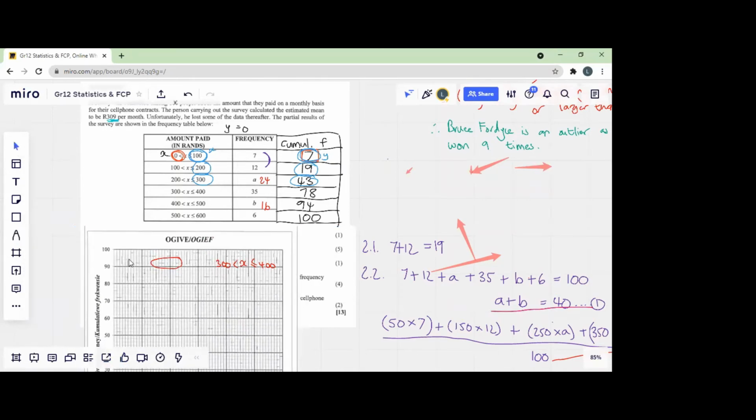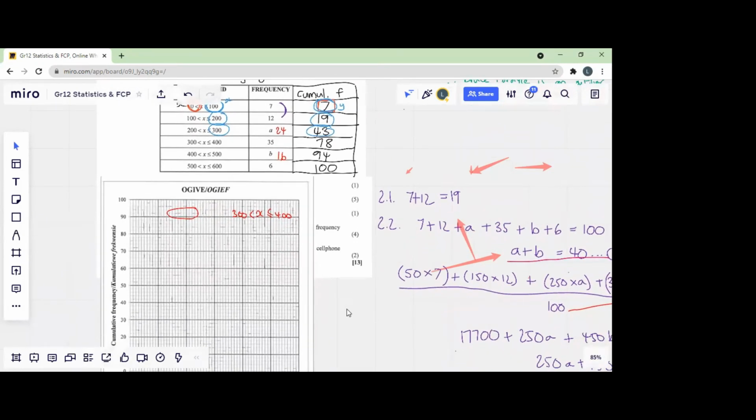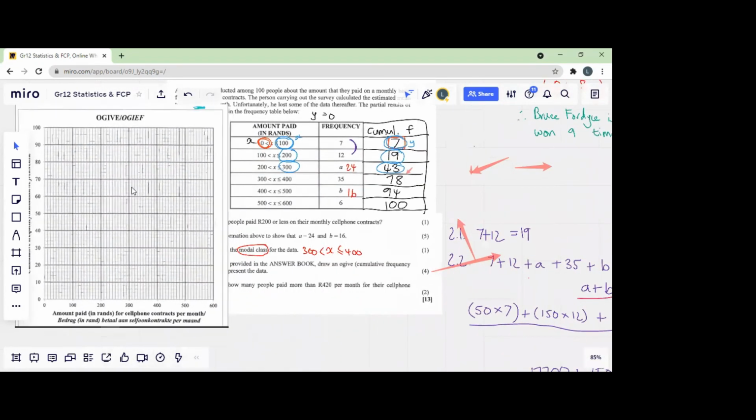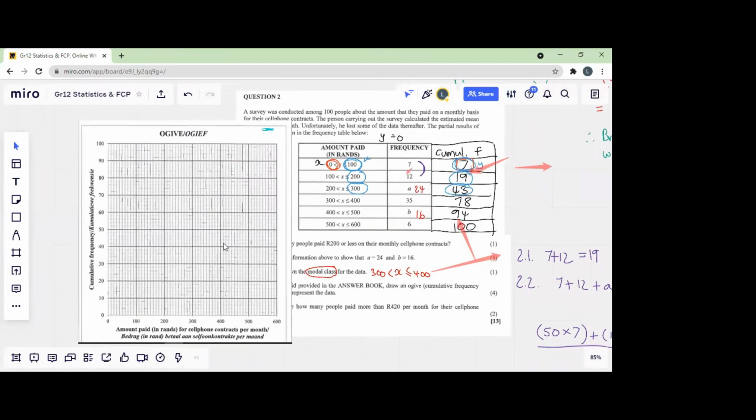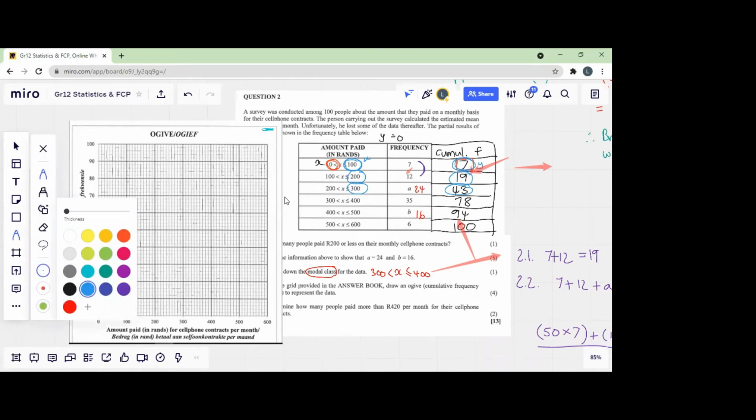All right, so as follows, I'm going to bring this up here. Maybe it's better putting it over there, then it's at least in the middle of the screen. We've got our 0 and 0. Now I want to go along to 100 and I want to go up to 7.